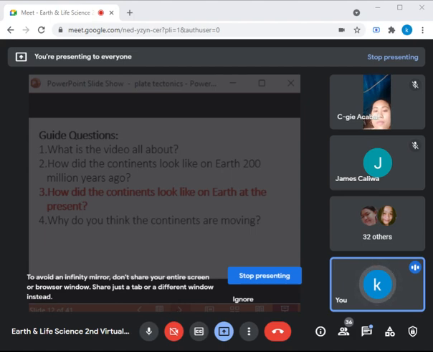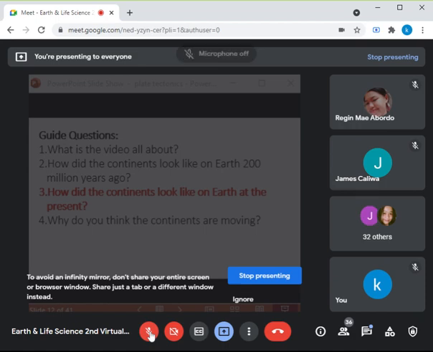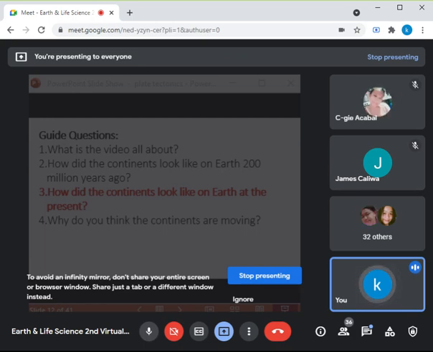Let's have number 3, again from section Salvia. Let's have Jane Rose Yunting. How did the continents look like on Earth at the present? Jane Rose. Alright, let's have another one.